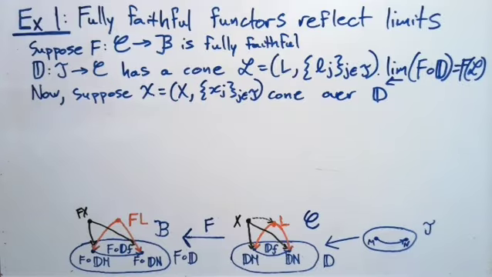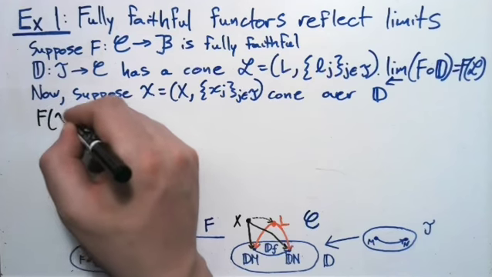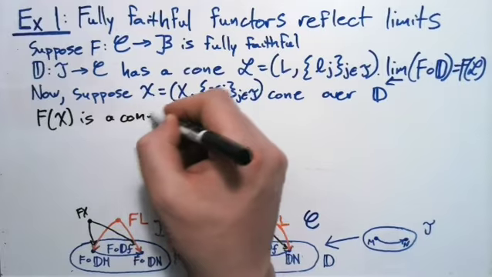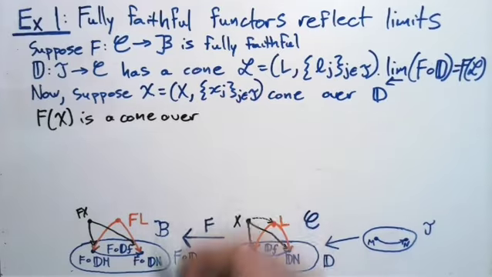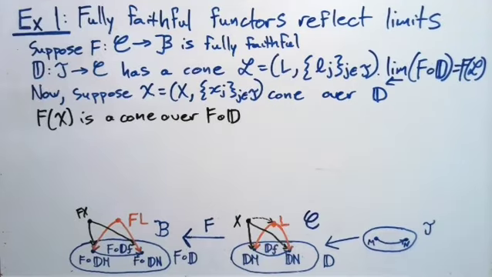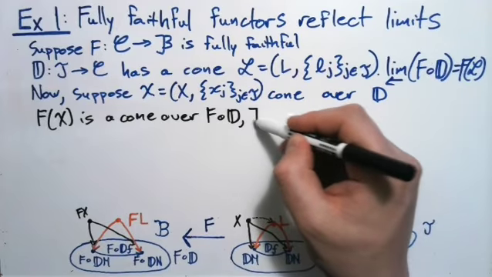So if that's the case, then we know that F of X is a cone over F after D, right? The image of the diagram here. And if that's the case, then we need to have our unique mediating morphism.